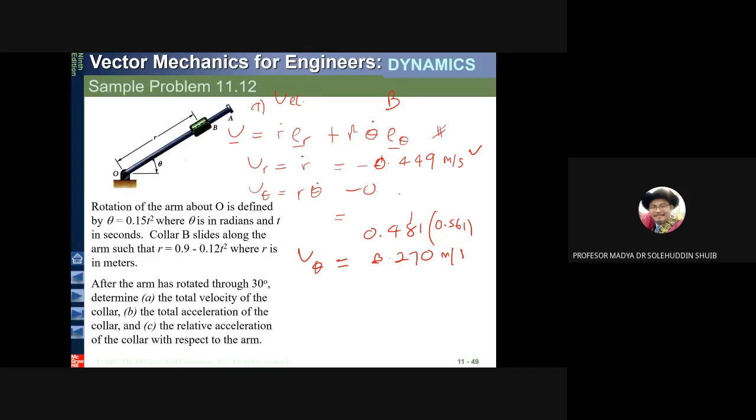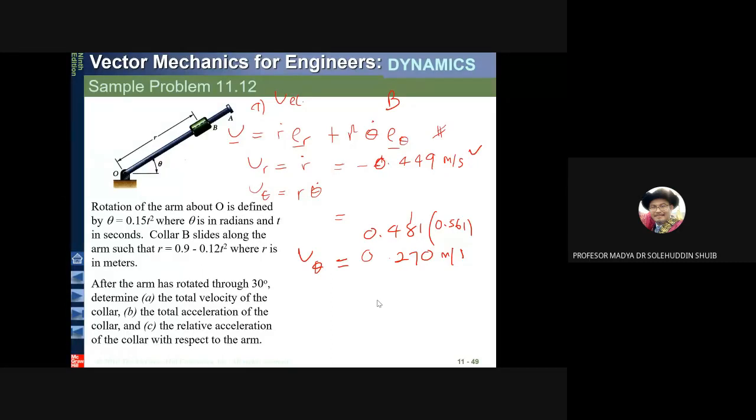VR is minus 0.49, and then V theta, which is this one, equal to 0.270. All right. So this is part A.